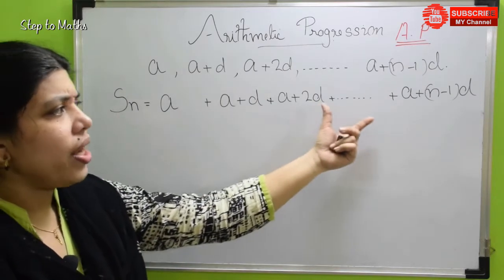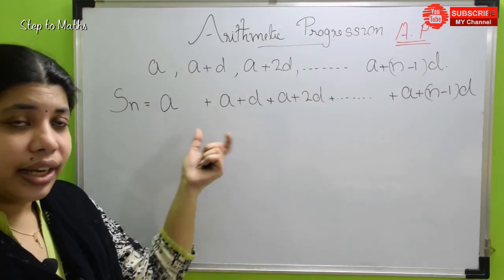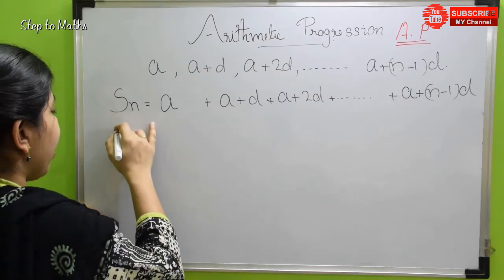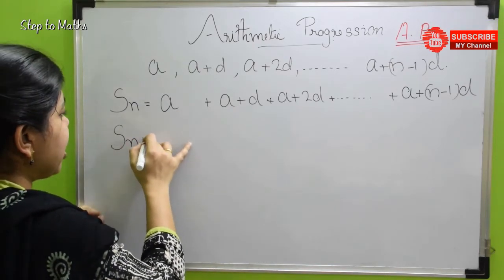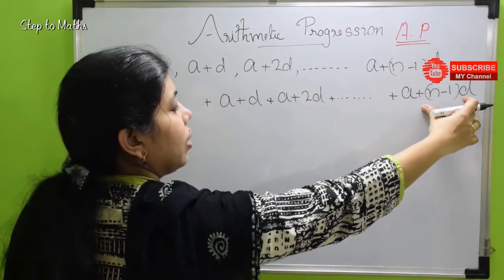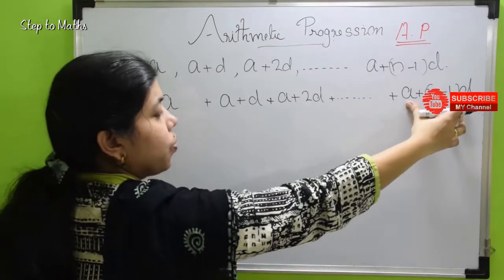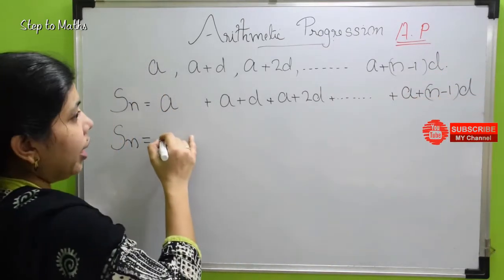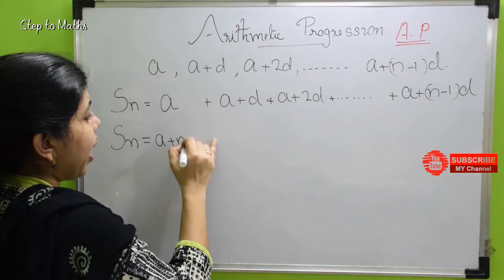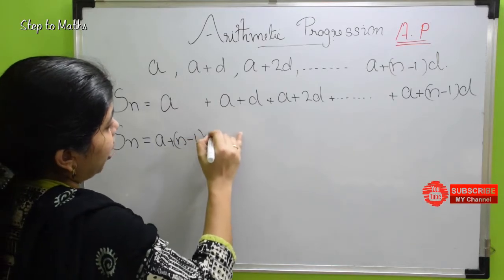Next, reversing this and rewriting, we can express Sn in reverse order. First we write the nth term, which is a plus n minus 1 into d.